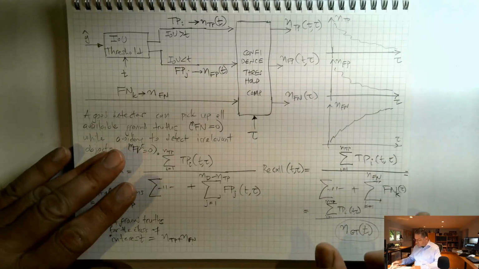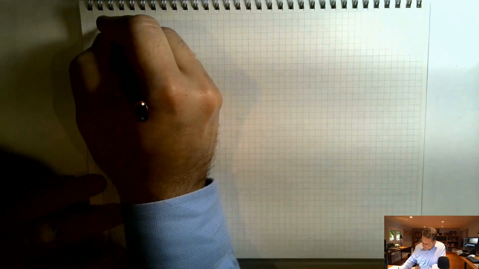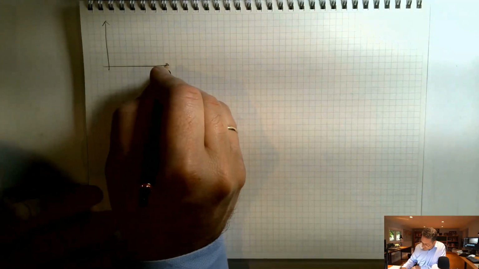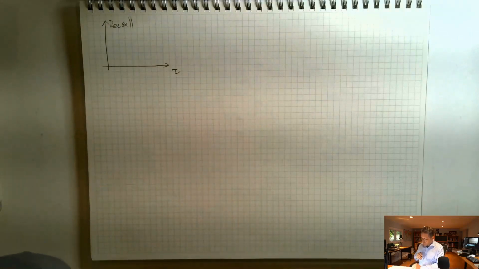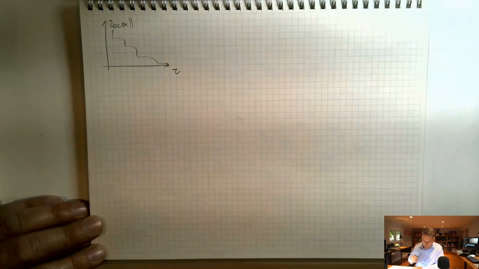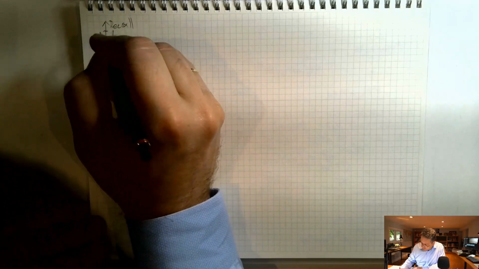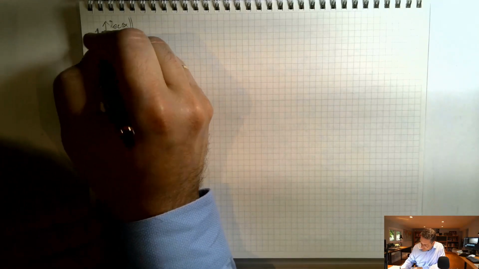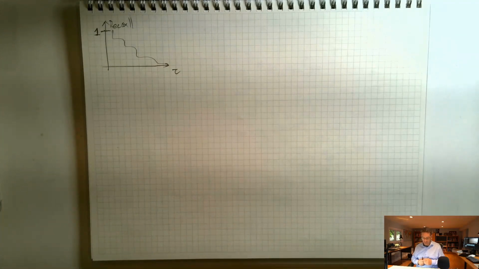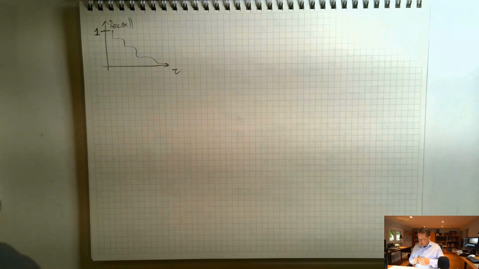So if we are to plot the recall curve, we expect to see something like this, just the recall versus tau. It will be a decreasing function of tau. And evidently, the largest possible recall I can have is the largest possible true positive rate, which is 1.0.